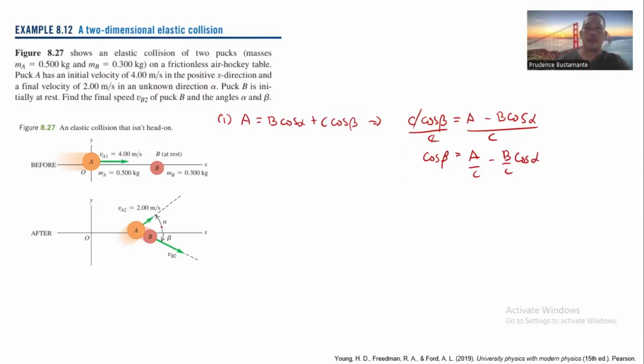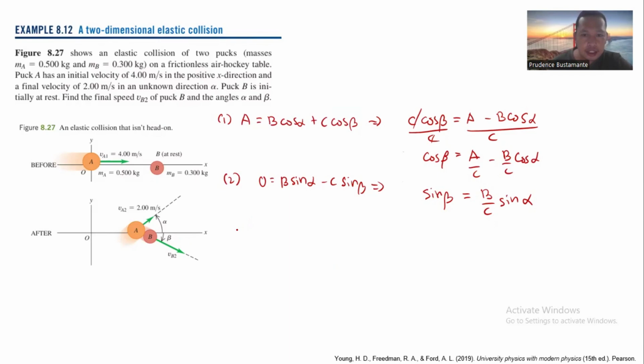For equation 2, we have 0 is equal to B sine of alpha minus C sine of beta. It implies that sine of beta is equal to B over C sine of alpha. So we have that too.